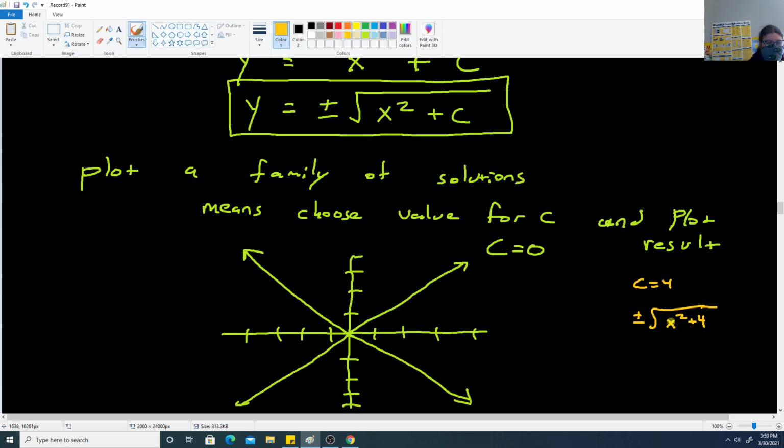So when x is 0, this will come down here to 2, and it'll be down here at negative 2, and we'll have our curves. We'll have the plus square root curve up here, and the minus square root curve down there. So we'll generate those from C equals 4.